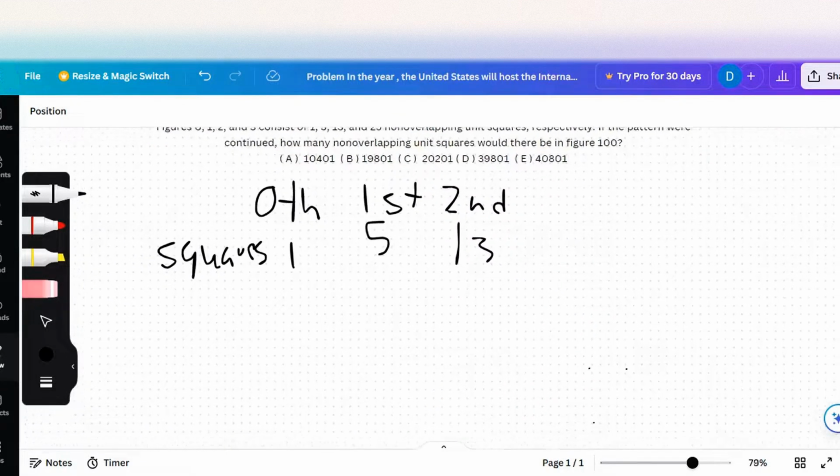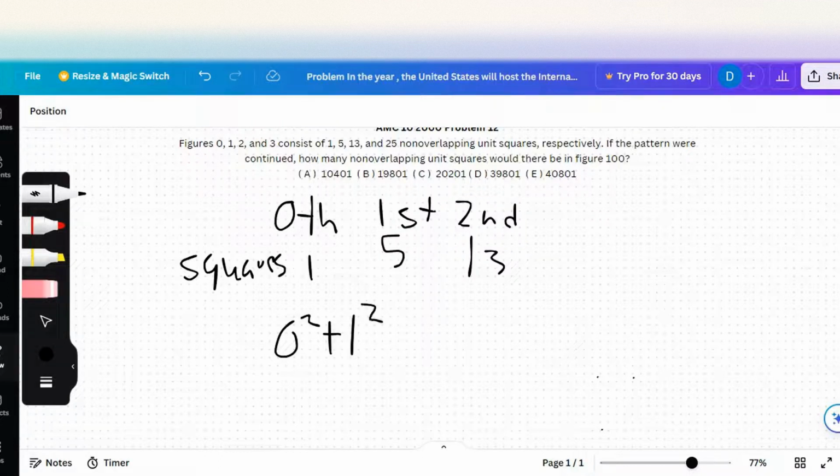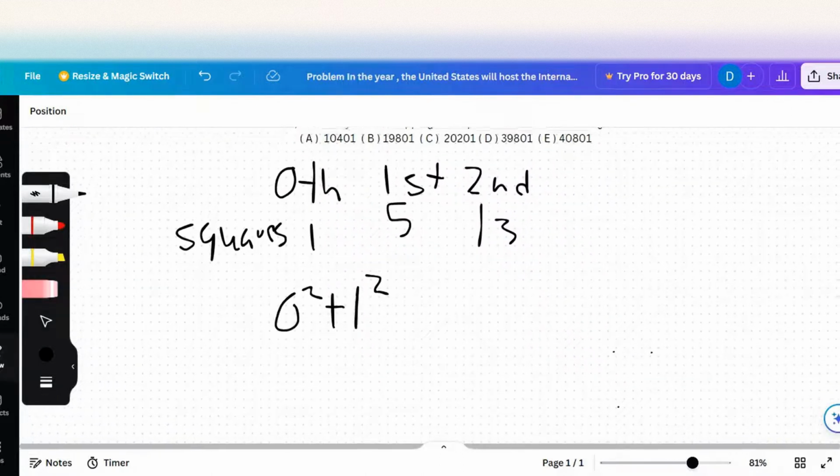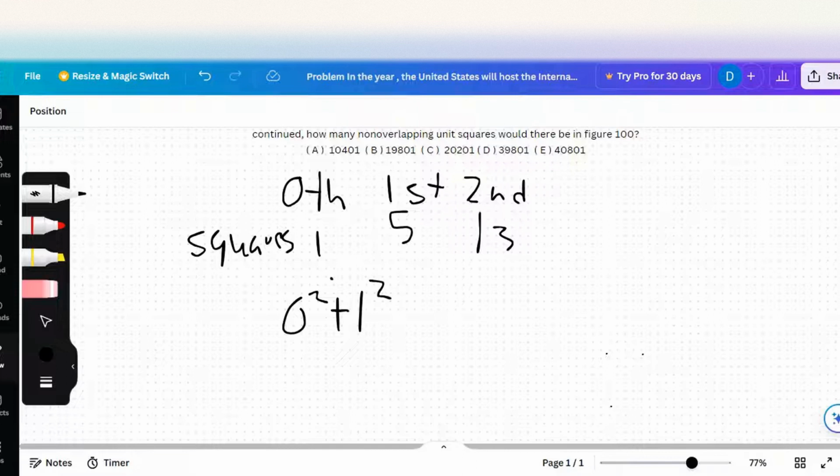So we can set the first figure as 0 squared plus 1 squared. And obviously 0 squared is 0 plus 1 squared, which is 1. So that is the number of non-overlapping squares.